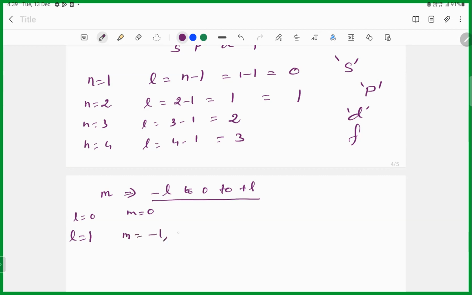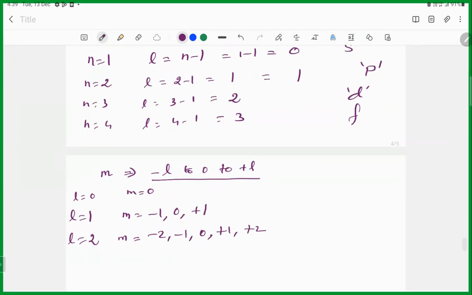So minus 1, 0, plus 1. When l value is 2, then m value becomes minus 2, minus 1, 0, plus 1 and plus 2.